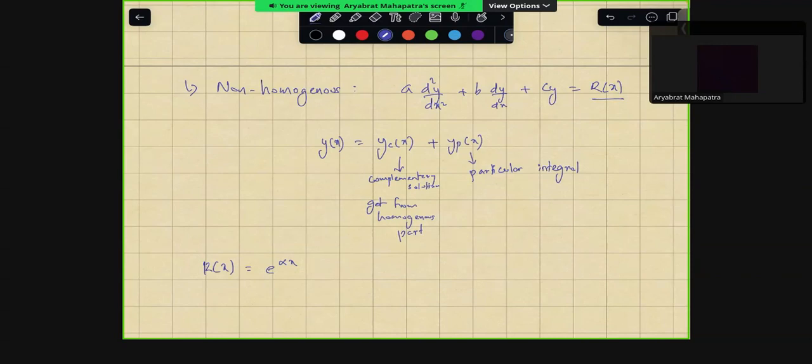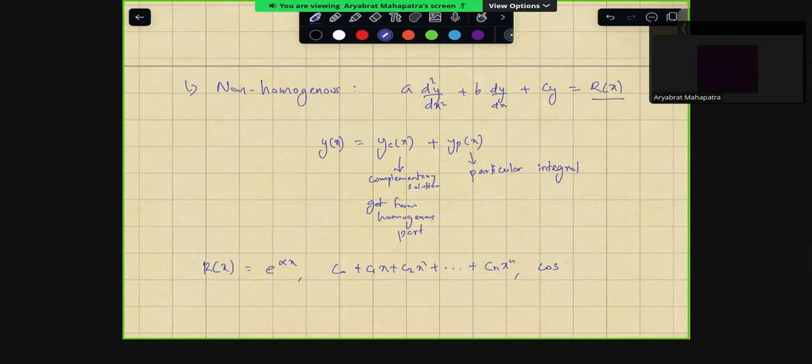So let's say some polynomial type function of nth degree.